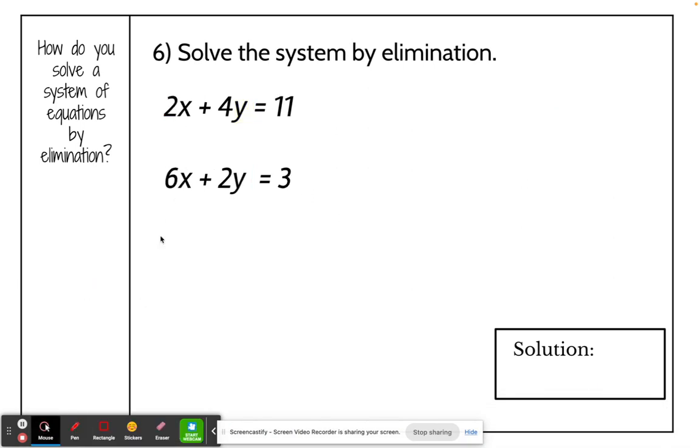Number 6. Let's see what would cancel out easily here. I could cancel out my x's by multiplying my top by negative 3, and I could cancel out my bottom by multiplying this by negative 2, and multiply the top by negative 3.